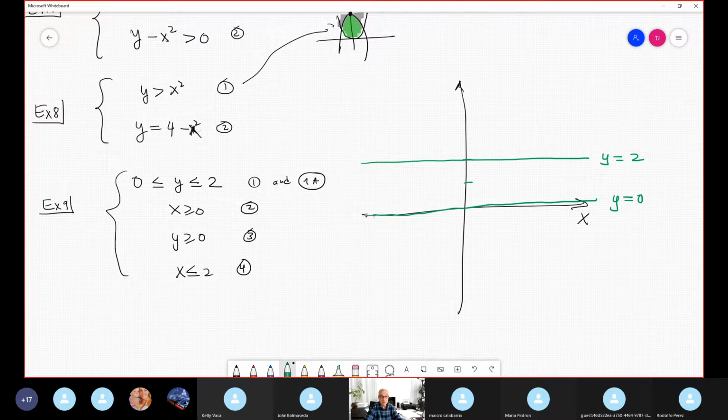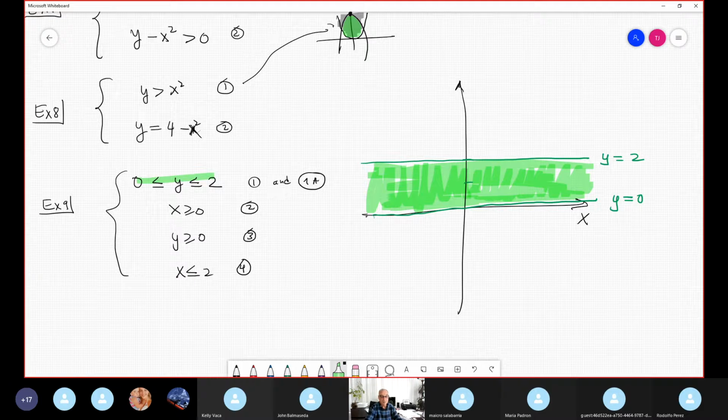So in between this and this is this part. This is the representation, independent of x, only of the first inequality.